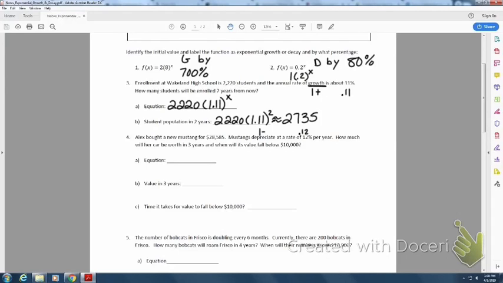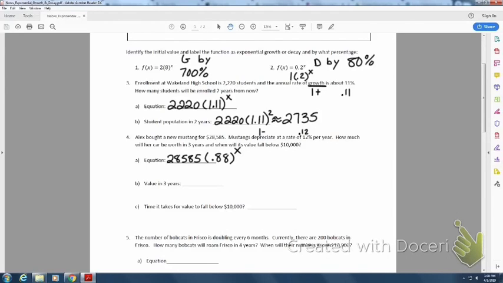So what is my initial value? Garrett, what would my B value be? 0.88.